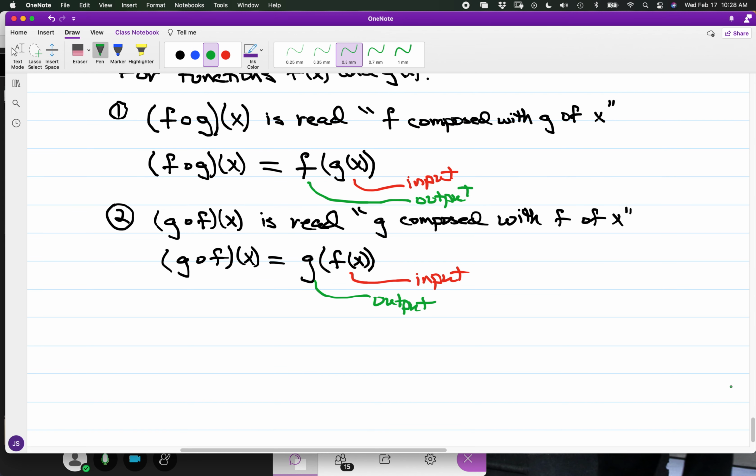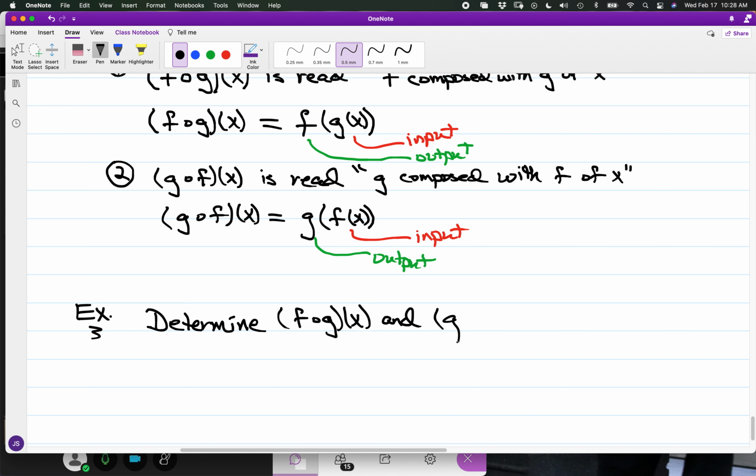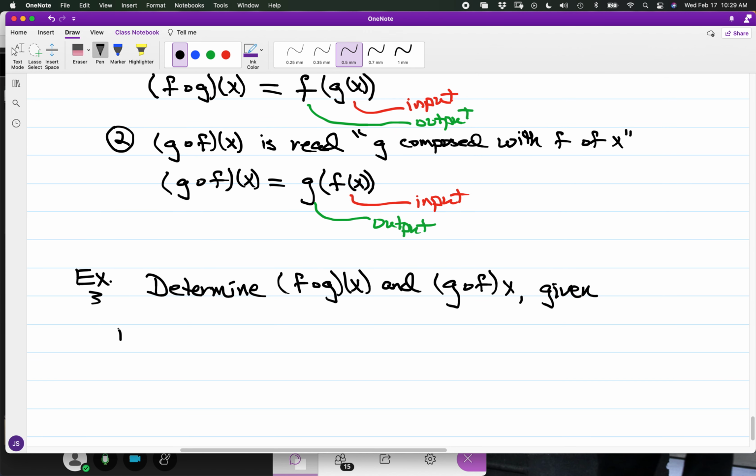And let's say, just as a sample of looking at compositions between functions, for defined functions f of x and g of x, say I have a couple of linear functions.